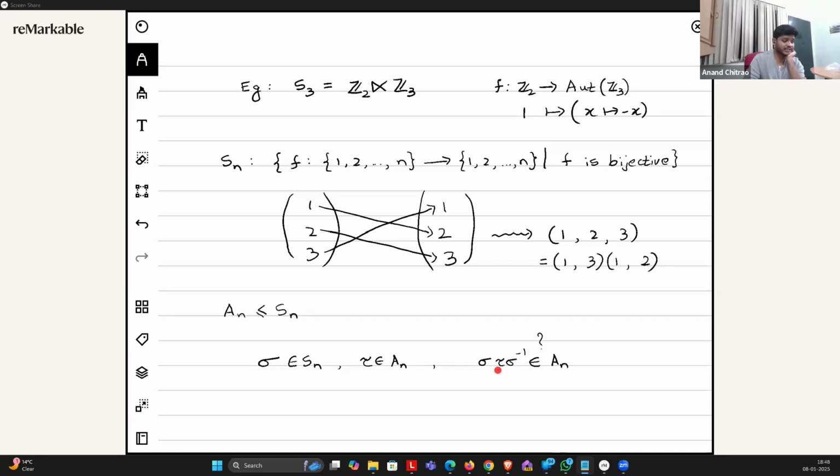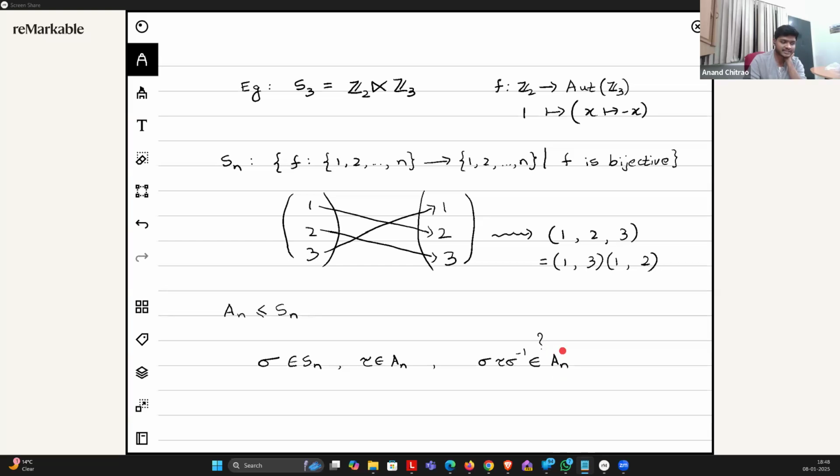Because tau has an even number of transpositions, and it doesn't matter what the number of transpositions sigma has. It's doubled, right? Because sigma and sigma inverse have the same number of transpositions in them. So this is again even. So if you conjugate any element of An by any element of Sn, which means doing this operation, you land back inside An.